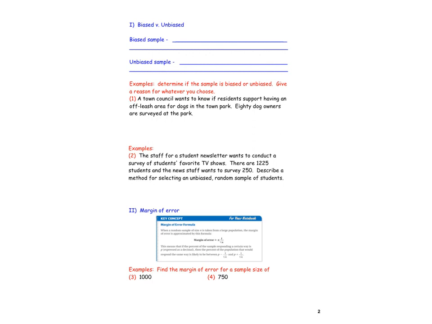So the easiest way to explain biased versus unbiased is by using an example. If I want to make a claim about the total population of Americans, and I want to figure out how many people like Donald Trump, what is the percentage of the population that approves of Donald Trump? If I go to an NRA meeting, I'm going to probably get a biased sample of the population of the United States.